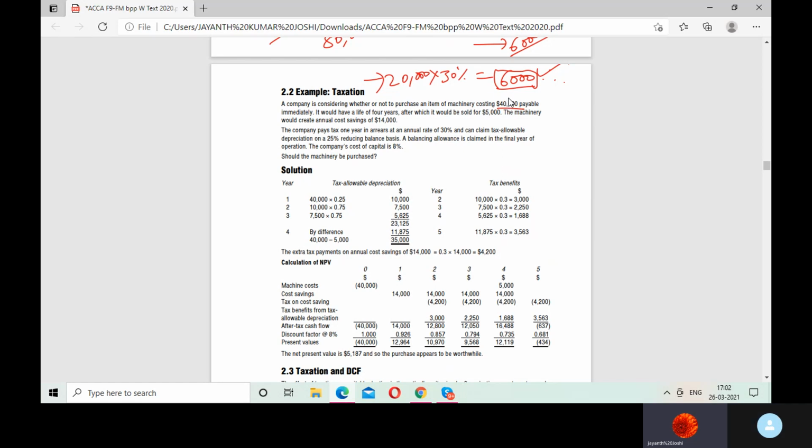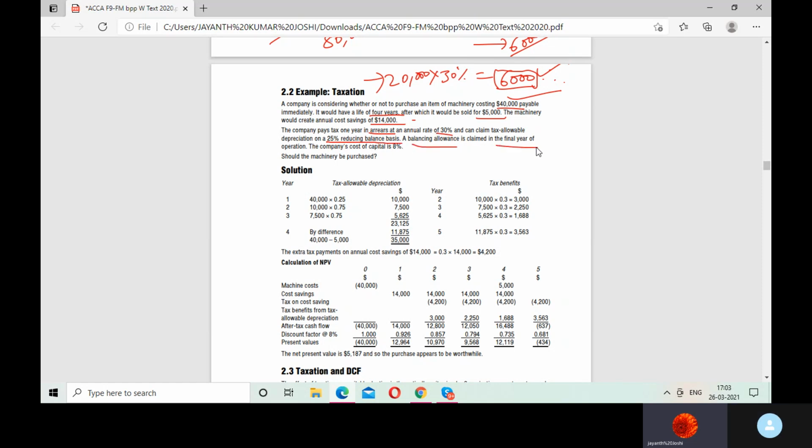So this you will be using to buy your machine, and it has a life of 4 years, and there is a scrap value after its lifetime. Machinery would create some savings to you, which we will be seeing while calculating the NPV. Company pays tax 1 year in arrears, that means they pay the next year. The rate is this, and can claim tax allowable depreciation at 25%, reducing balance basis.